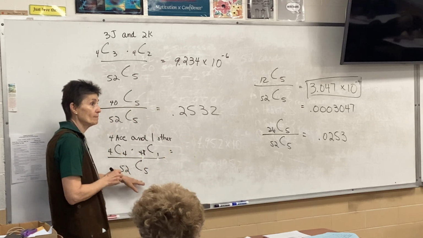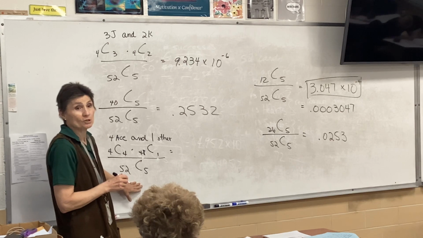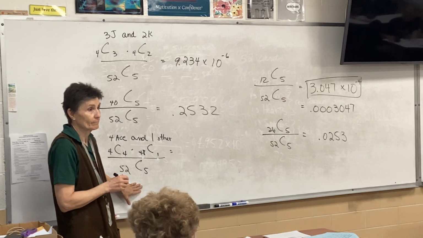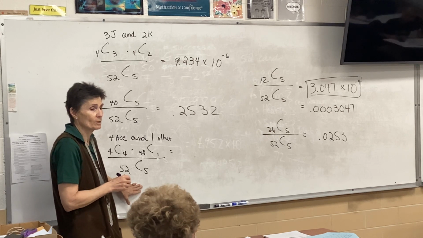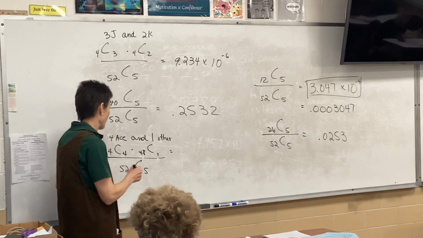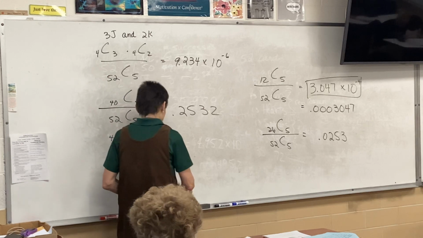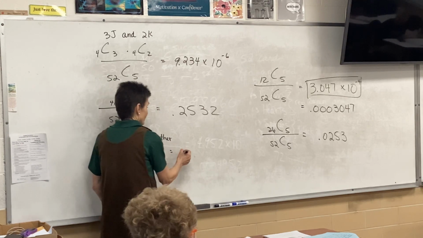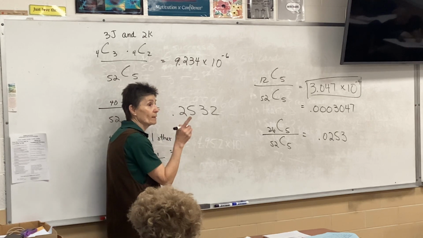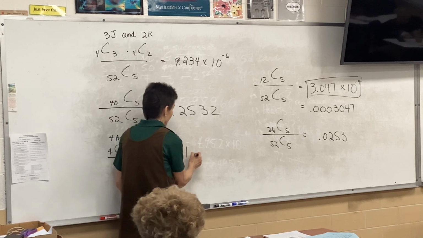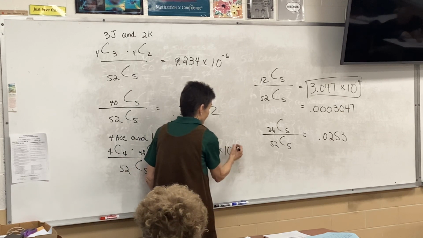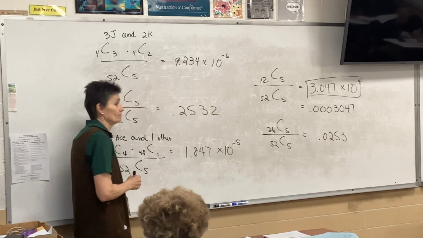All right, type that in. This is going to be maybe the smallest one yet. Oh, no, actually, I don't think it'll be the smallest one. What do you come up with? It's gonna be something small. It's gonna be in scientific notation for sure. 1.8472 times 10 to the negative fifth. It's pretty small.